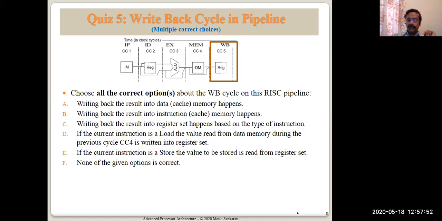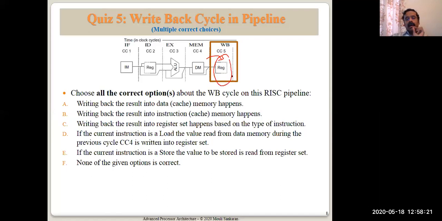Let me share. Okay, let me explain quickly. It's a write back. Sorry, I'll restart again. So you are having one instruction here.